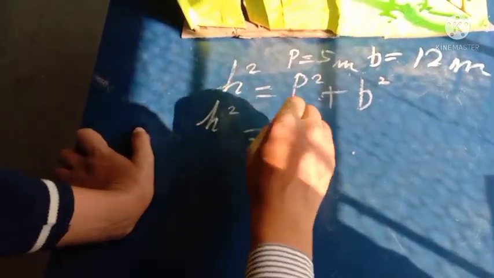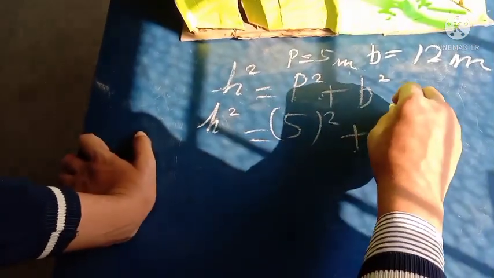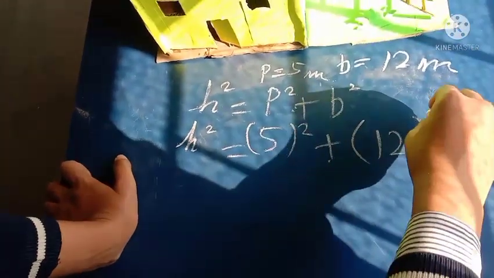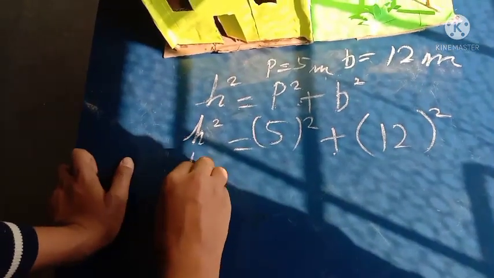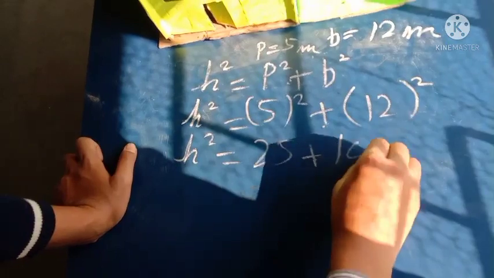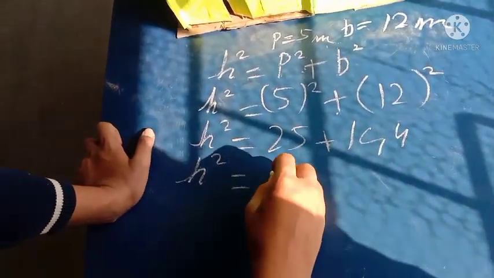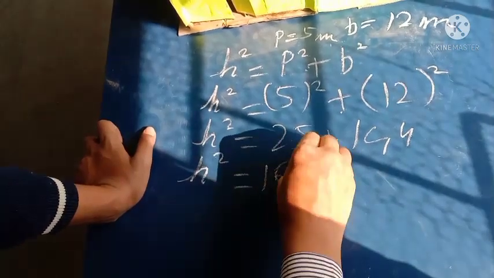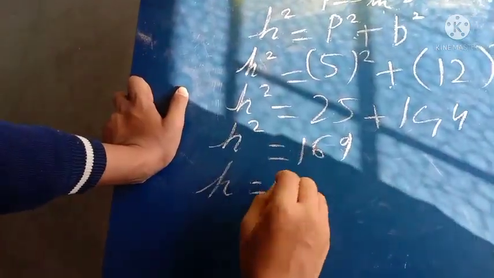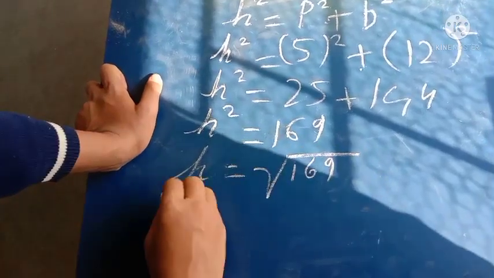Hypotenuse square is equal to 5 square plus 12 square. Hypotenuse square is equal to 25 plus 144. Hypotenuse square is equal to 169. Hypotenuse is equal to root over of 169.